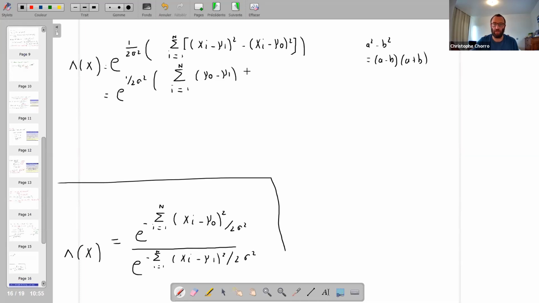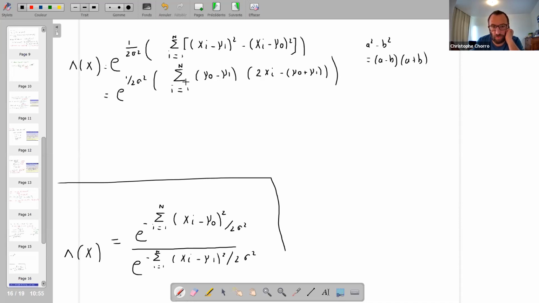And then this one plus this one, that is 2 xi, and I can write it this way, minus (mu 0 plus mu 1).